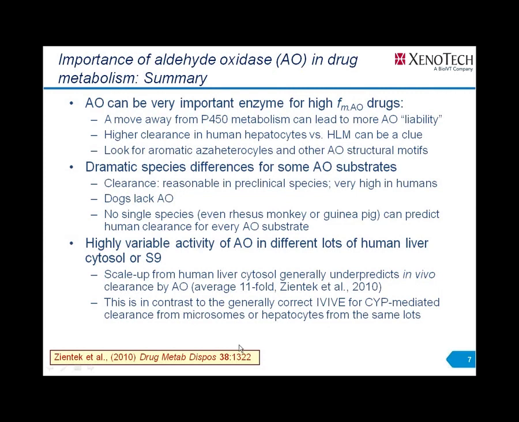Because of this, even for pooled products, the scale-up from human liver cytosol generally underpredicts the in vivo clearance by aldehyde oxidase. So in this paper from Pfizer, Zientek and others report an average 11-fold underprediction of clearance. This is in contrast to the generally correct in vitro to in vivo extrapolation for CYP-mediated clearance from microsomes or hepatocytes, even from the same lots.